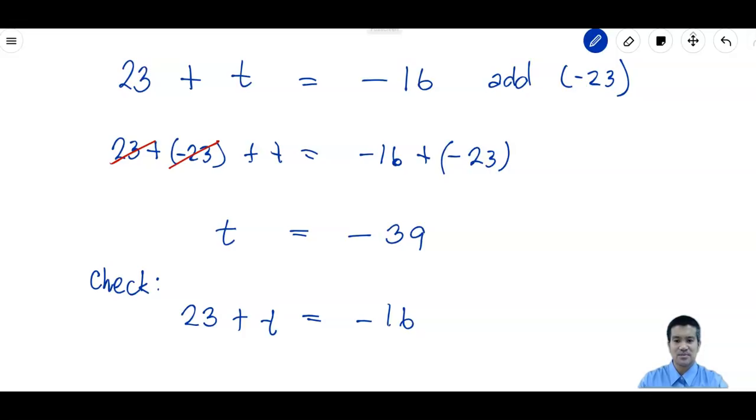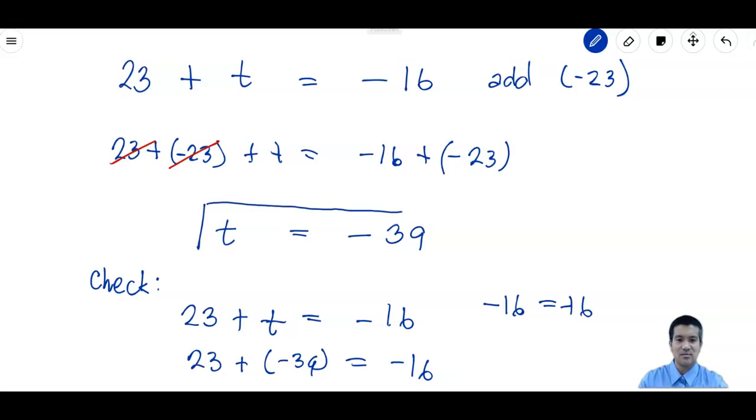So we substitute: 23 plus negative 39 equals negative 16. So 23 plus negative 39 is also equal to negative 16. Therefore the value of t is correct.